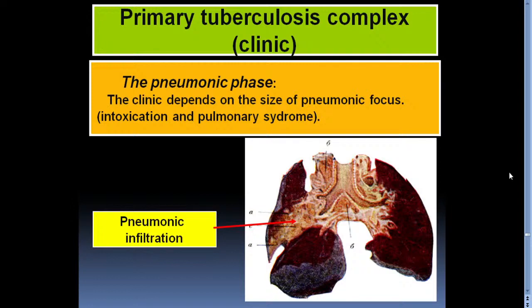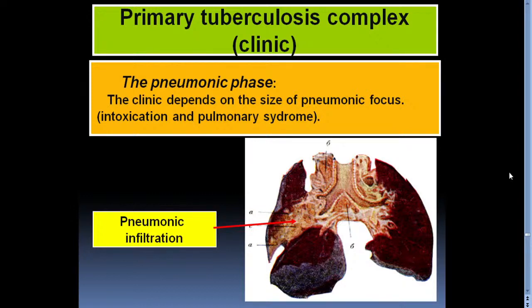Clinic of primary TB complex depends on phases of the process. In the beginning of the disease, in the pneumonic form, inflammation forms in the lung and in the intrathoracic lymph nodes.